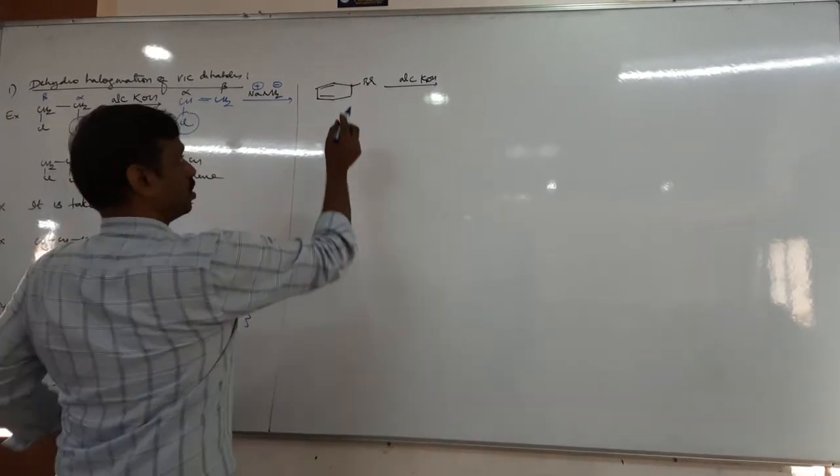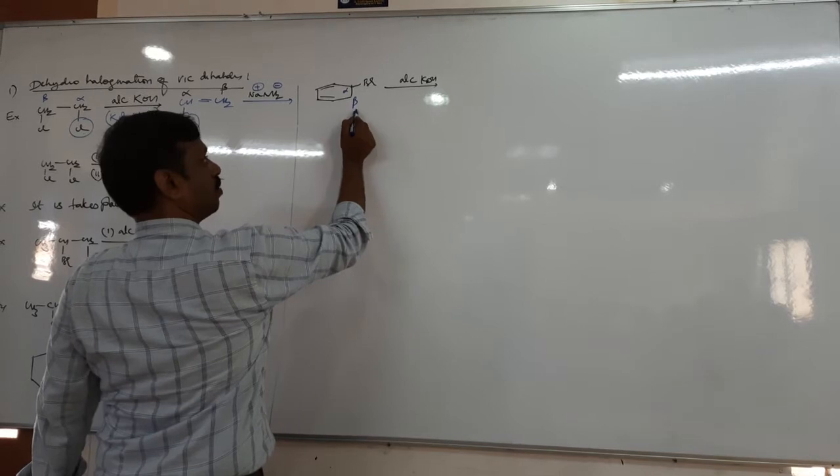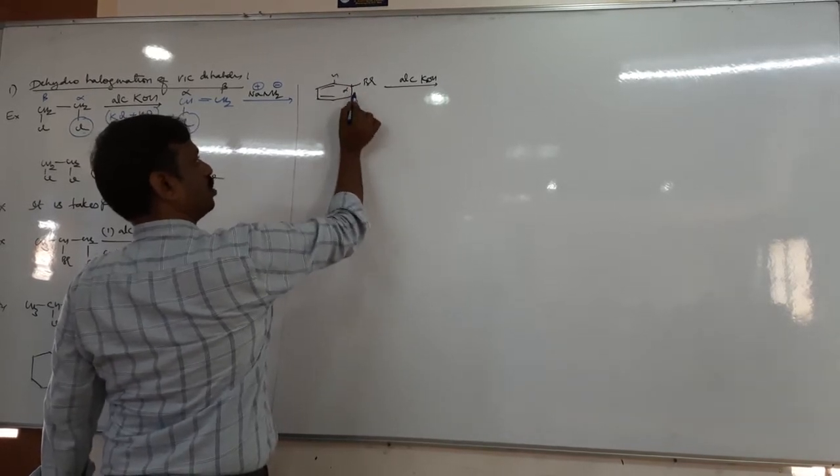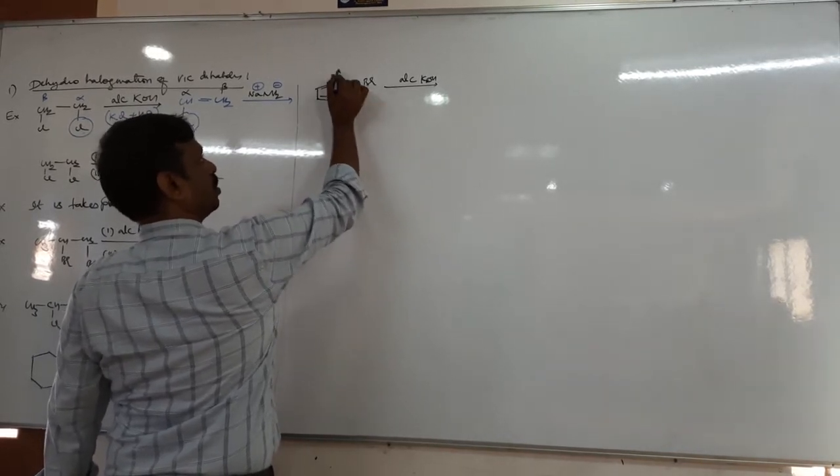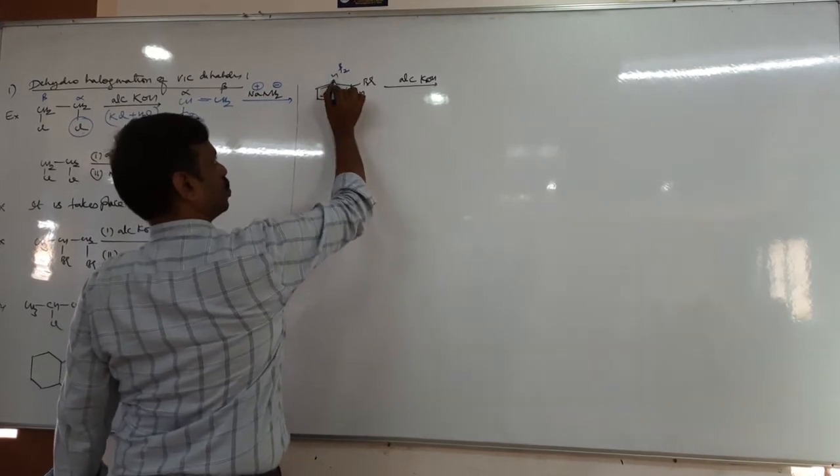Tell me. Now this is the alpha carbon, beta 1 has one hydrogen here, and here 2 hydrogens, it is beta 2.